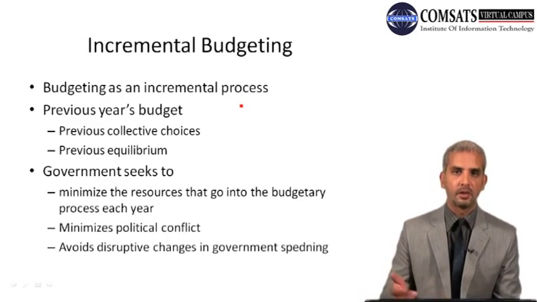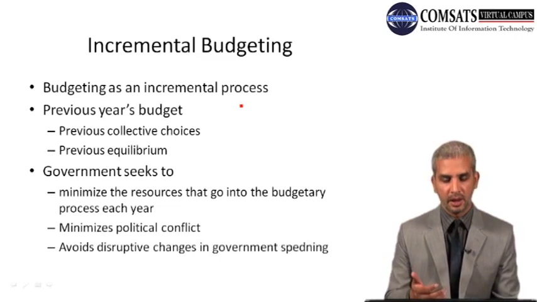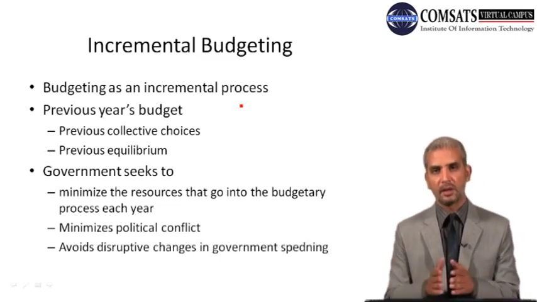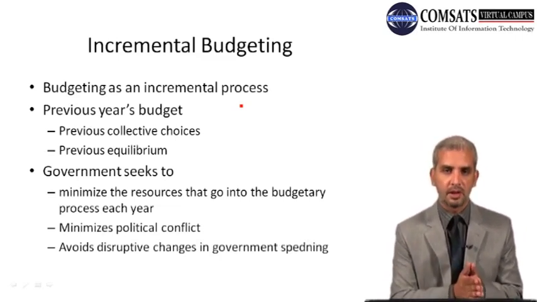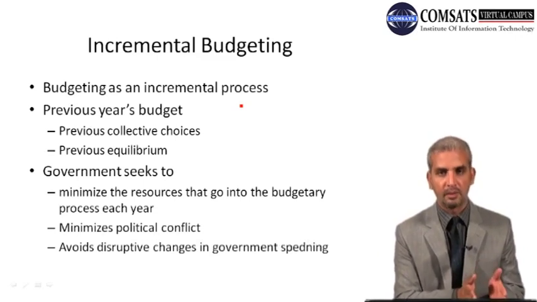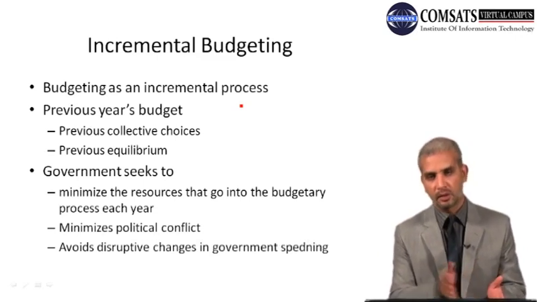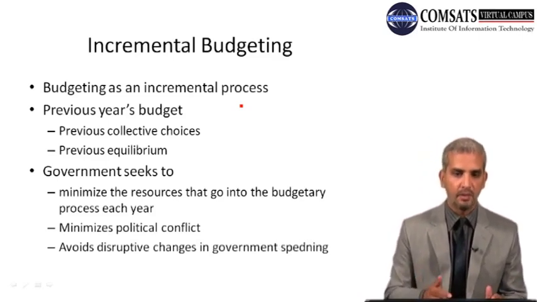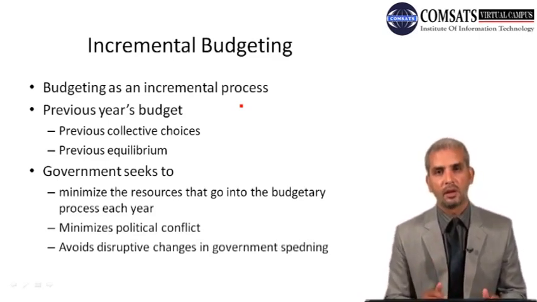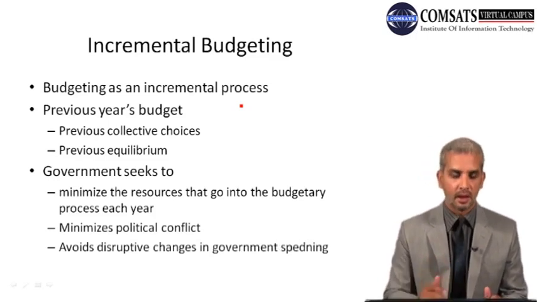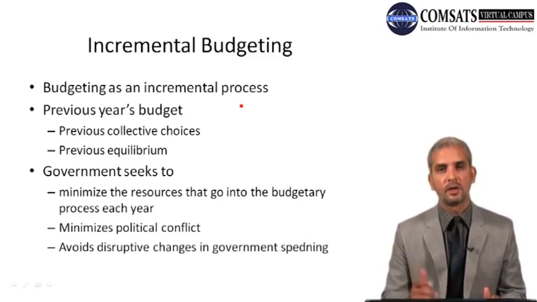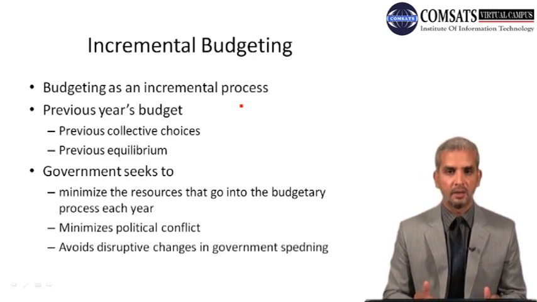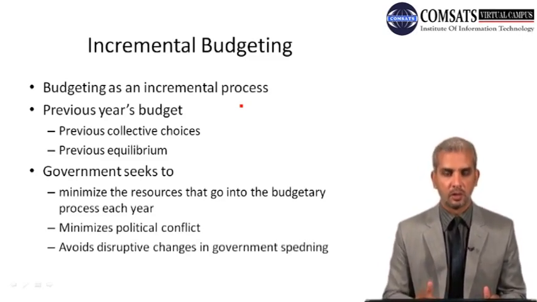Then we discussed that governments often use incremental budgets. The government would take the previous year's budget as a base budget, and then would only see what we need to add this year. The aim of this is that the previous year's budget was the outcome of a public choice, a collective choice, and it was a political equilibrium also.